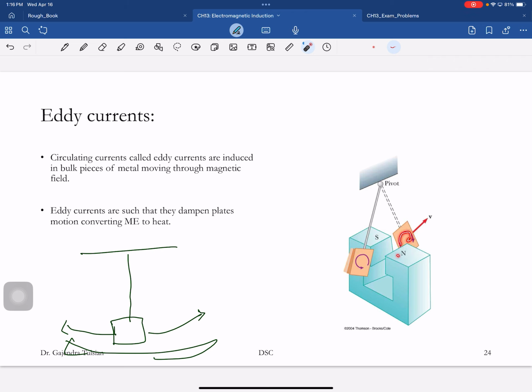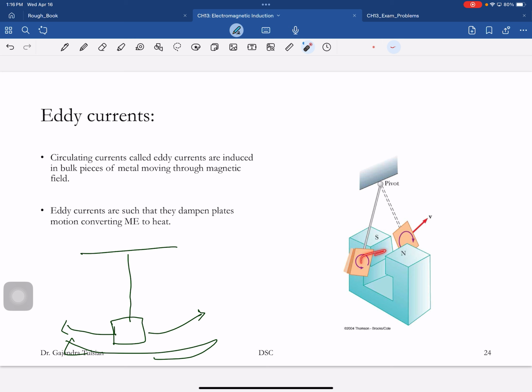It induces a current such that this appears to be a South Pole and the other face will be a North Pole. So the North Pole is attracting the South Pole, and that South Pole is attracting that North Pole, and it'll pull on this thing. So it'll slow it down. If you get this oscillating in between a magnet, this will stop very fast. It applies brakes. The induced current is such that there's a drag force on it.